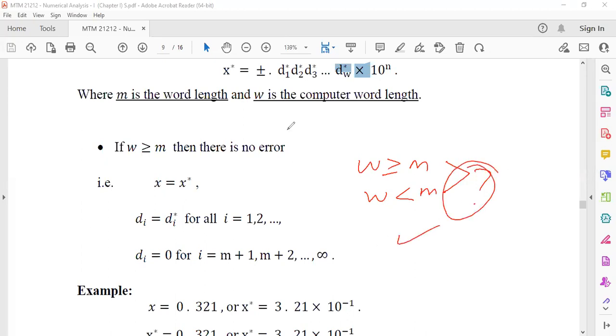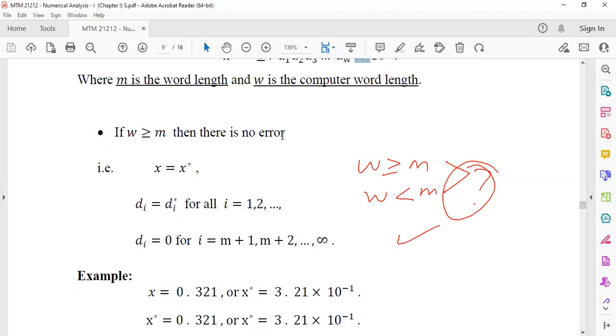So if w is greater than or equal to m, then there is no error. That means x equals x star, d_i equals d_i star for i equal to 1, 2, up to m, and d_i equals 0 for i equal to m plus 1, m plus 2, and so on. I'll explain it now. For example, m is equal to 4 and w is equal to 8.